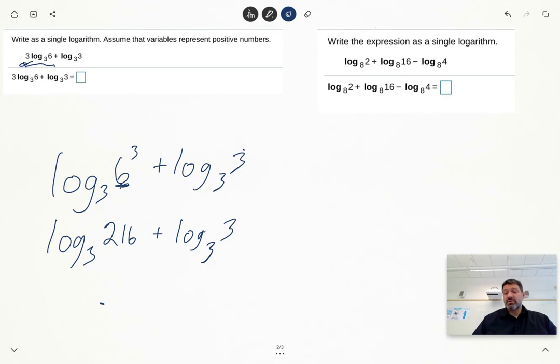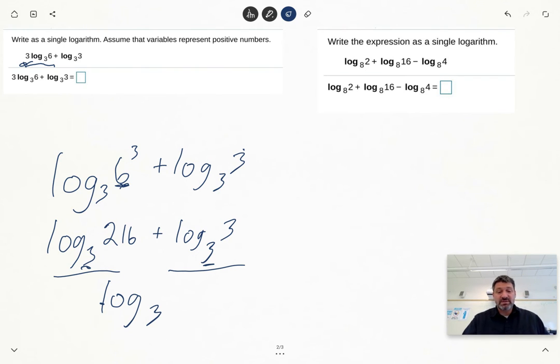Okay, so remember, when you multiply numbers, you're adding the exponents. So since this is an exponent and this is an exponent, that's what we do when we multiply the numbers involved. So since these have the same base of 3, I can simplify this by multiplying my 216 times 3. So that log base 3 stays the same, and when we multiply 216 by 3, that will give us 648.